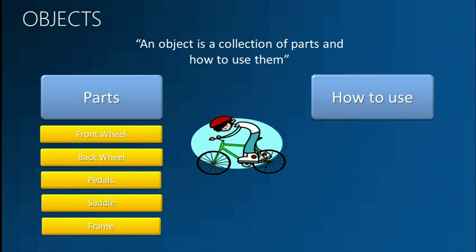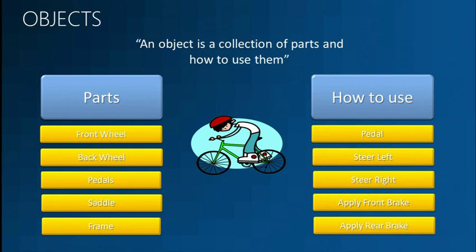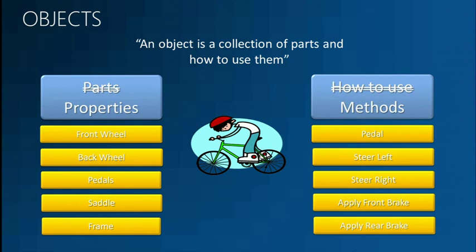The parts of a bicycle would be the front wheel, the back wheel, the pedals, the saddle, the frame, and then how you use them. Well, I'd like to pedal, steer right, steer left, right? It makes pretty much sense. So an object is just a collection of parts and then a collection of how to use those parts. In terms of an object, we just use different names. Instead of parts, we call them properties, and instead of how to use them, we call them methods.